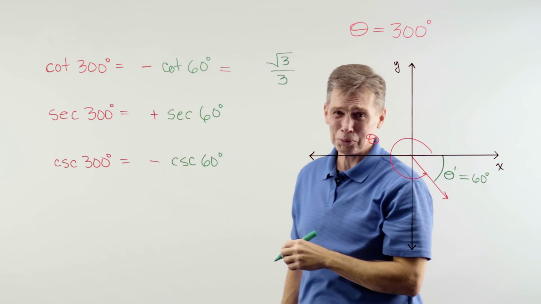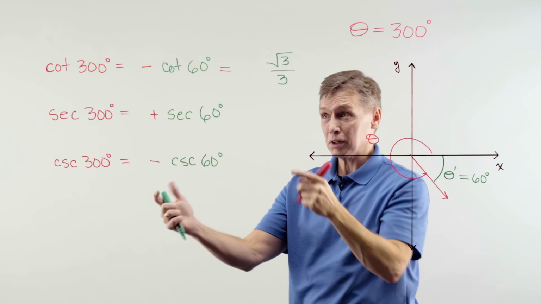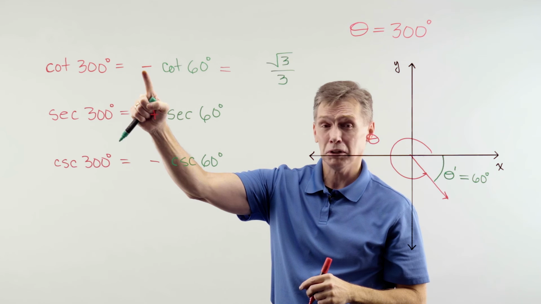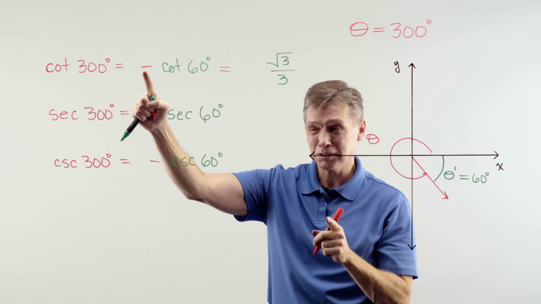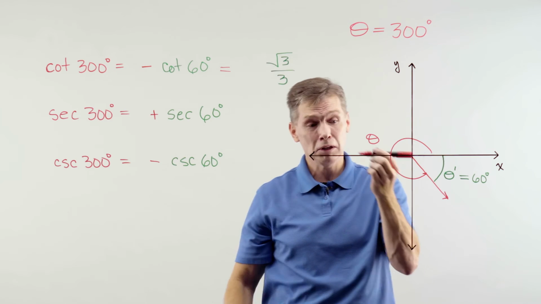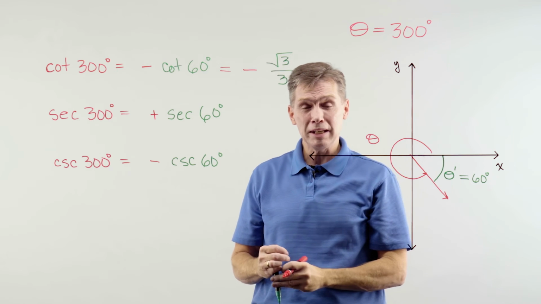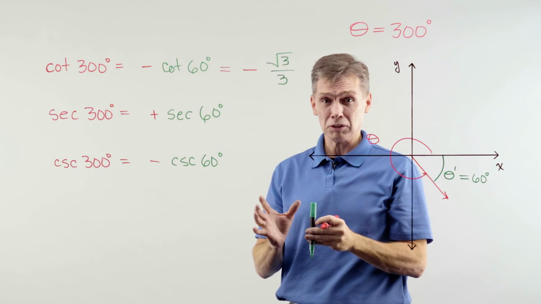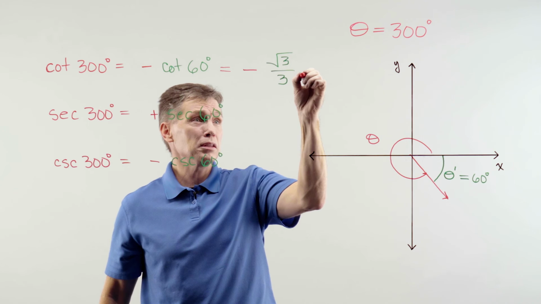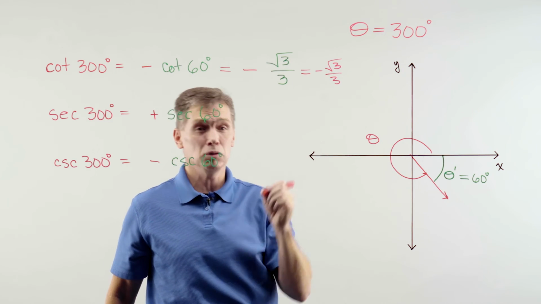Hopefully you're remembering that as well. Okay? Just so this looks good on the board here, I'm going to bring that minus sign over as well, though. We had decided this minus sign, again, remember, because of what quadrant our 300 degrees is in. So this square root of 3 over 3 is going to be negative for me for my final answer. In fact, let's make that an official final answer for cotangent.